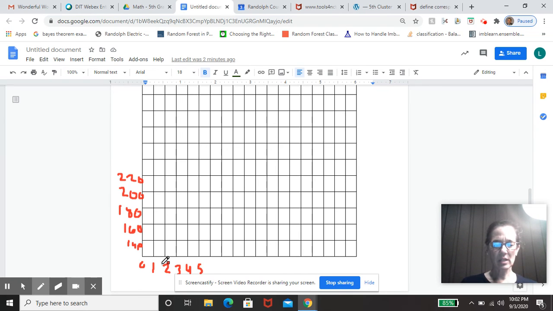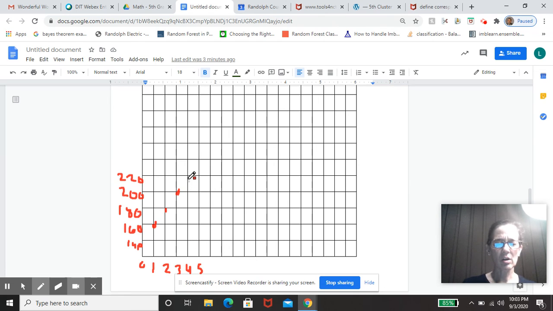All right, so on day number 1, how many pages had she read? Yeah, day 1 in our coordinate pairs was 160. Day 2 was 180. Day 3 was 200.